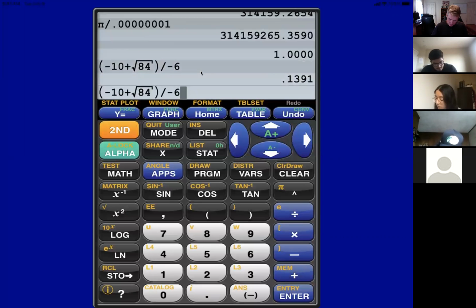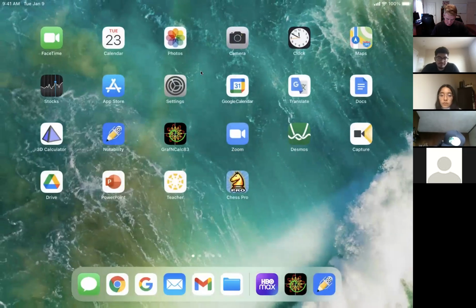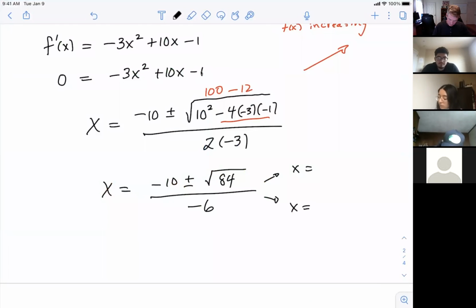And then redo the same thing, but change it to minus the square root. So a 0.139 and a 3.194.